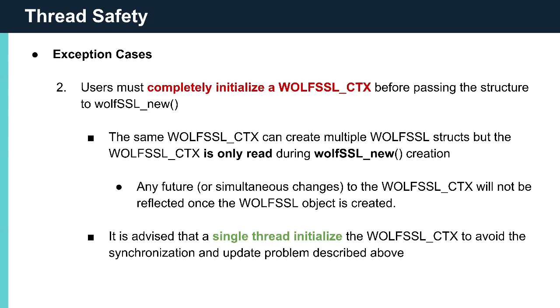If you don't, then when wolfSSL_new is called, it copies some of the settings from the context, and you might end up with a partial session structure. So we recommend having a single thread initialize the context, or have some kind of locking around that, and then go off and do your multi-threaded operations, creating sessions from that in subsequent areas of your code.